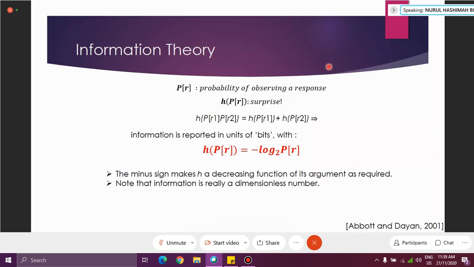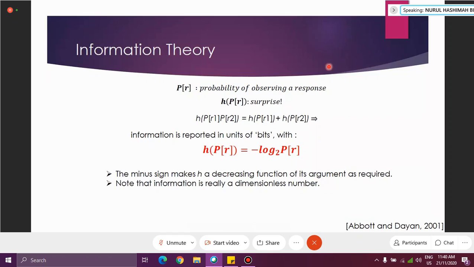So I'm going to continue with information theory. I'm not going to explain it too deeply, but I'm going to discuss how it is used for these cases, for spikes, to decode the spike trains just now. Information theory is based on the probability of observing a response.